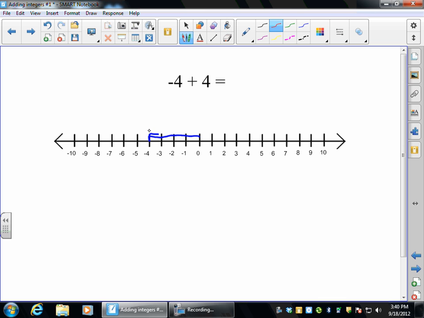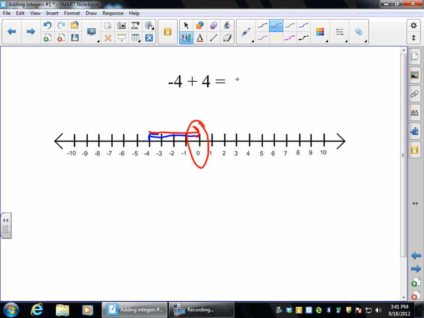So if I'm starting here and I add 4, that's going to take me right back to 0. I go negative 4, to the left 4, and then I add 4, I go to the right 4. Obviously, those are just going to cancel each other out, and so I end up with 0.